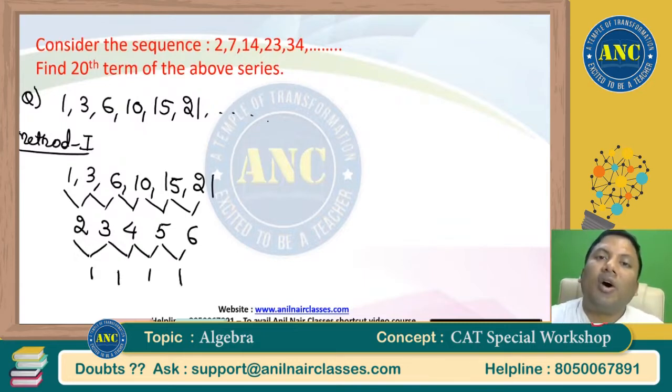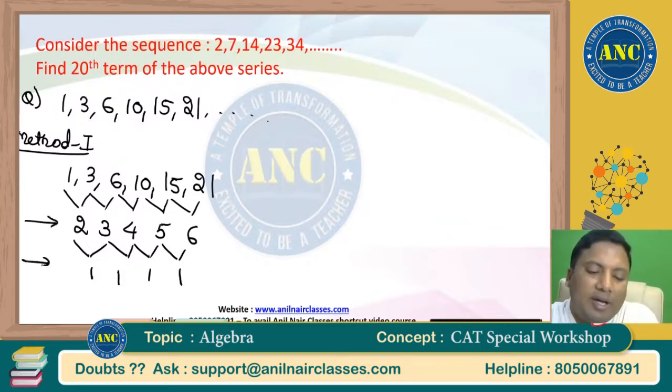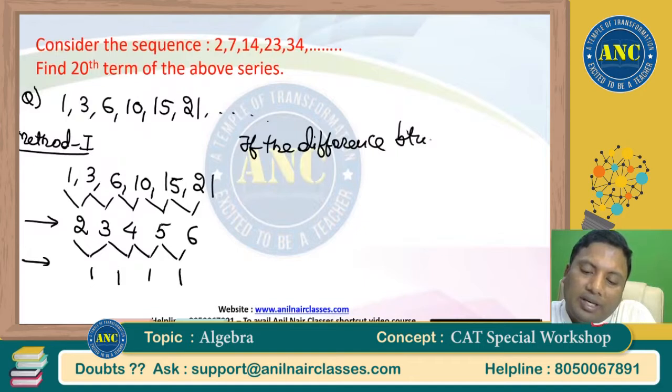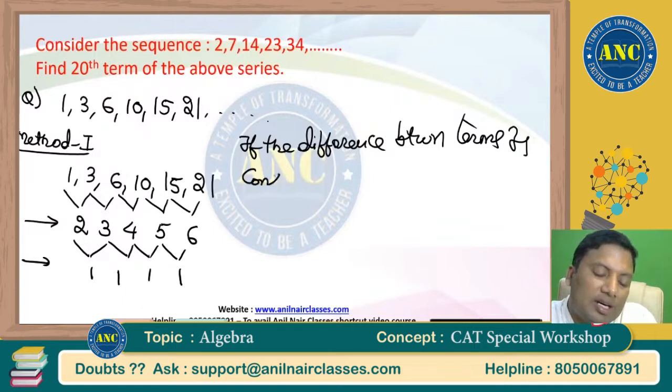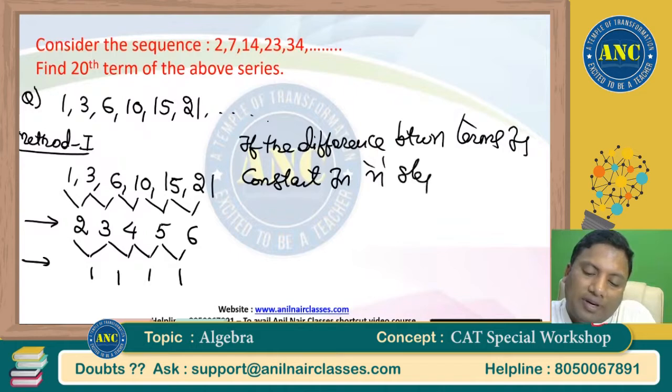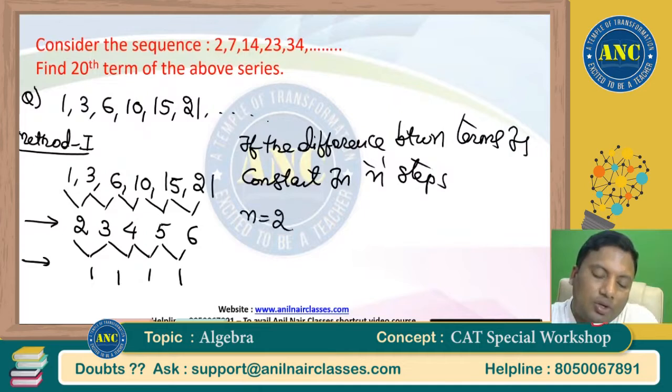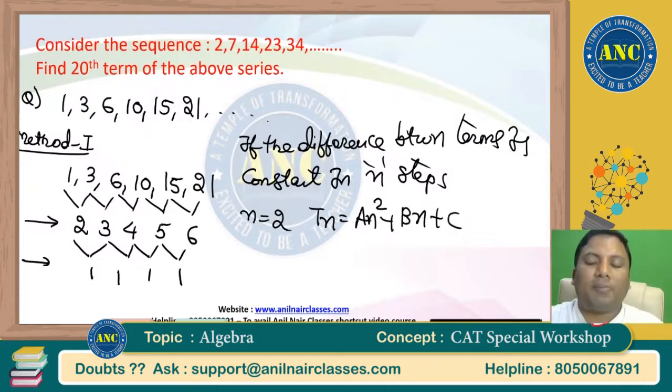The difference is constant in how many steps? 2 steps it is constant. It is the first step. It is the second step. First write down this point. If the difference between the terms is constant in n steps, suppose n equals 2, then the nth term will be a quadratic expression, an square plus bn plus c.